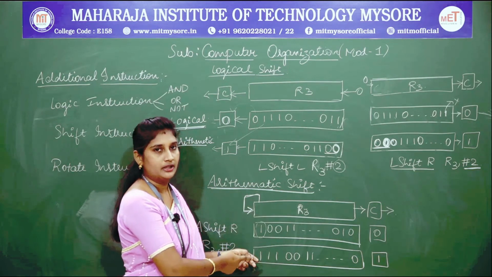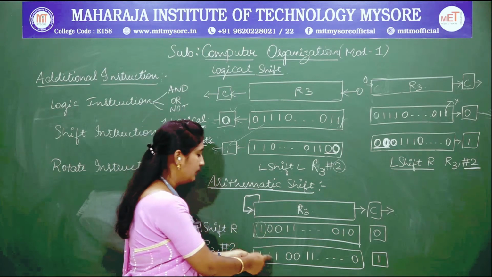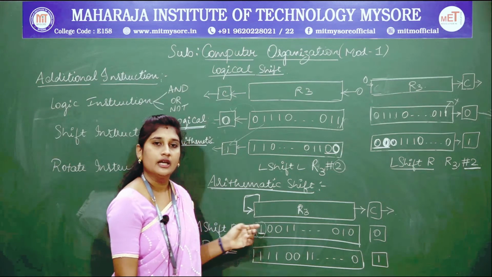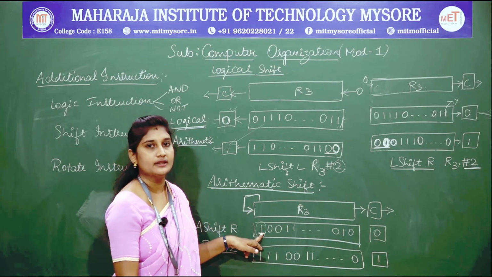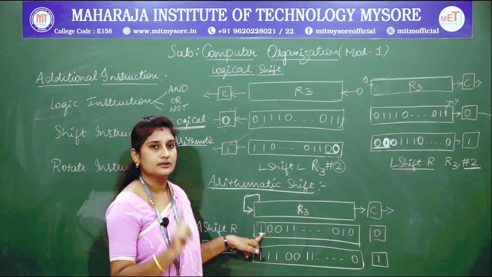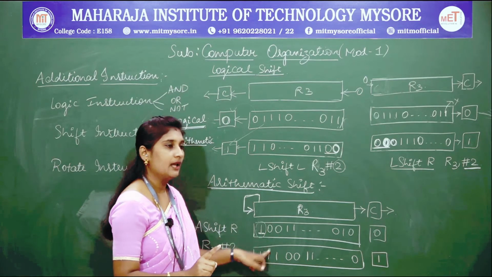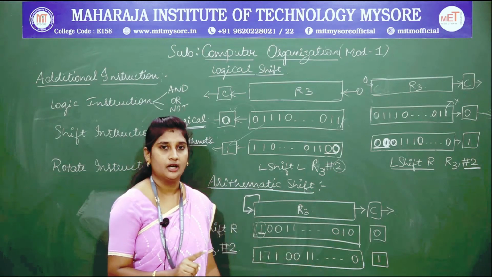Whereas in the arithmetic shift, the sign bit is preserved. So you fill up with the sign bit which was specified in the instruction. Here it is represented with 1, so the vacant bits have been filled with 1. I maintain the same sign bit in all the emptied bits which are shifted out.